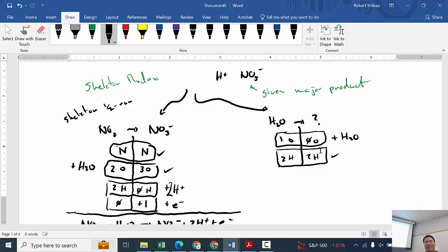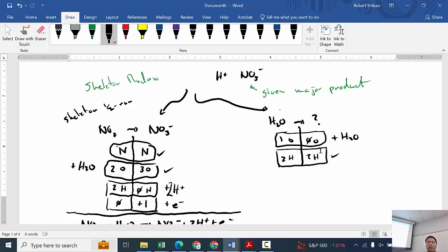And so that's balanced. And then we balance out the charge. They're the same charge. So what gives here? H2O goes to H2O. Is that anything? No, that's nothing. That's not going to work for us, unfortunately.